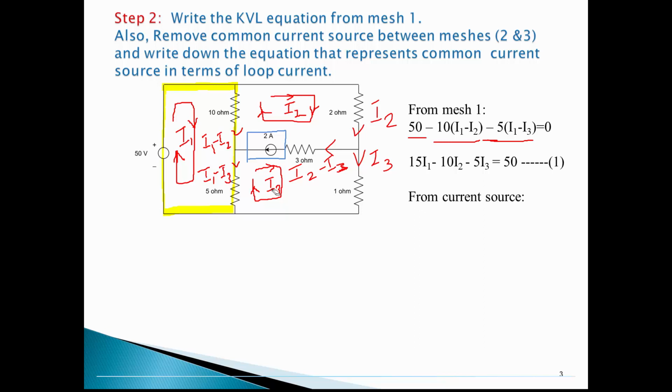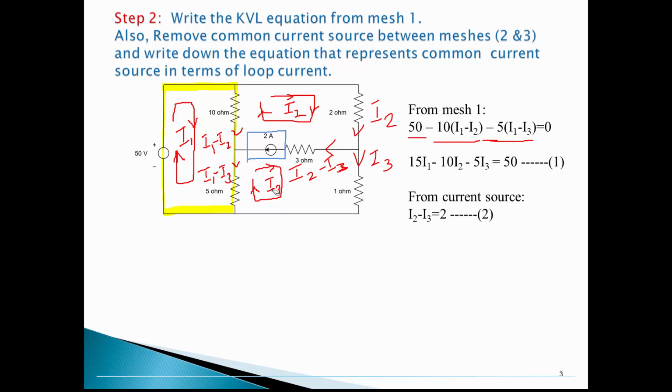Since there is a current source between two meshes or loops, the problem may be solved by using super mesh analysis. So from this current source, I can say I2 minus I3 is equal to 2 amps.